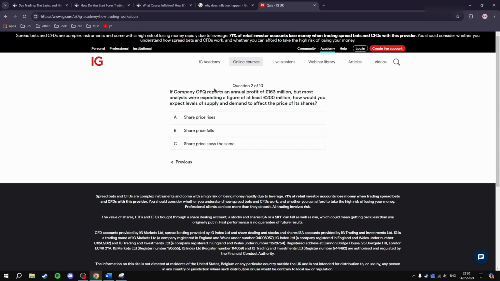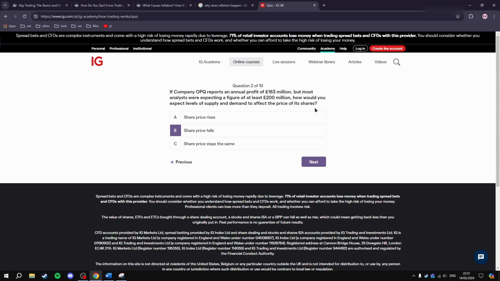If company OPQ reports an annual profit of £163 million, but most analysts are expecting a figure of at least 200 million, how would you expect levels of supply and demand to affect the price of shares? Share price falls because the shares are going to be less attractive to investors because the profit isn't as expected.